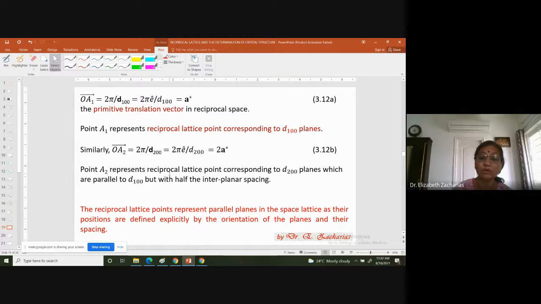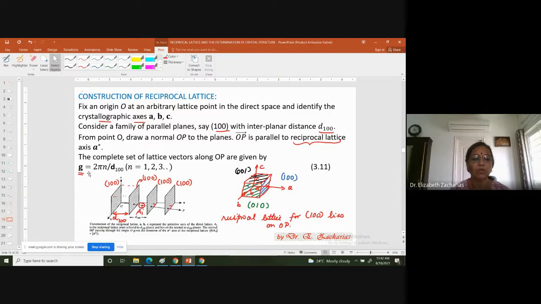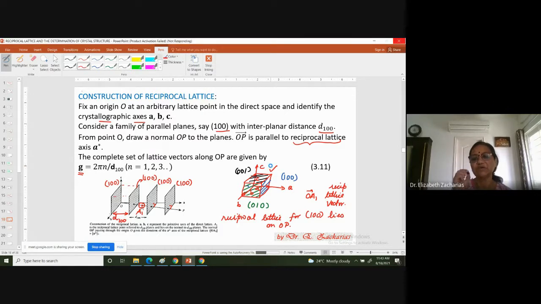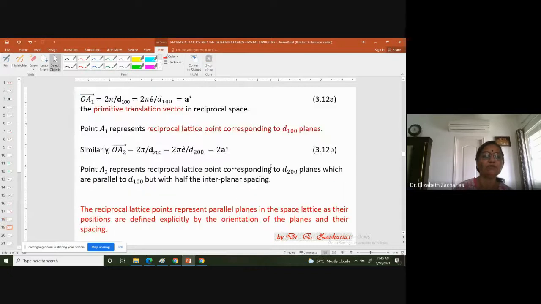Now we talked about a lattice point; now we have to talk about the reciprocal lattice vector. OA1 is the reciprocal lattice vector for this cell.